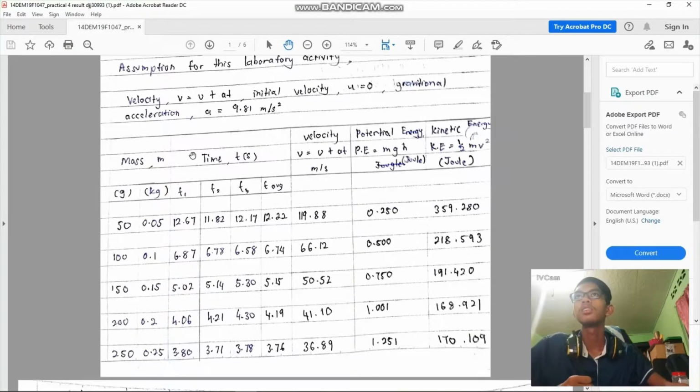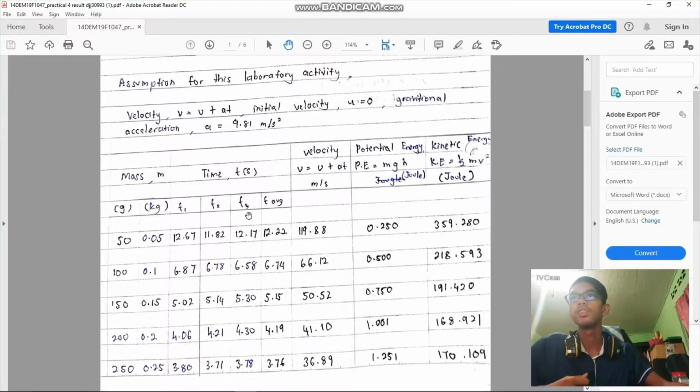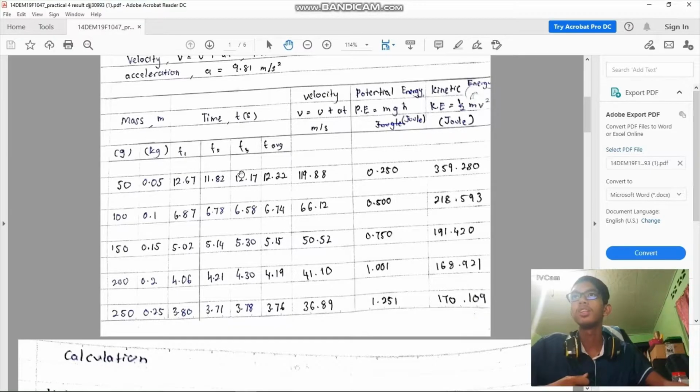And next is a summary for this laboratory activity. To find velocity, we use the formula u plus at. Initial velocity u equals 0. Gravitational acceleration a equals 9.81 meter per second squared. In this table, we fill it.